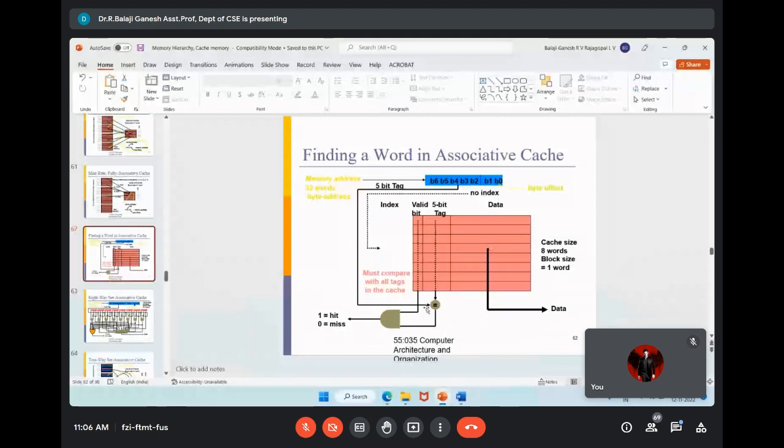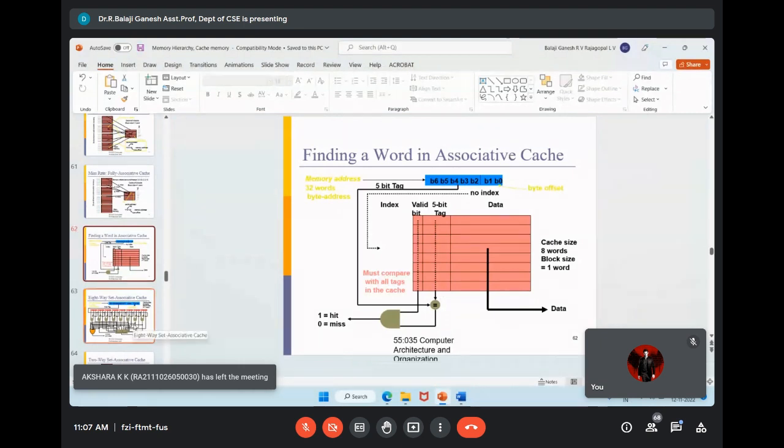The valid bit and the tag determine whether it is a hit or miss. Since there is no index, the address tag has to be compared with all the tags in the cache. So that is one disadvantage of the set associative cache.